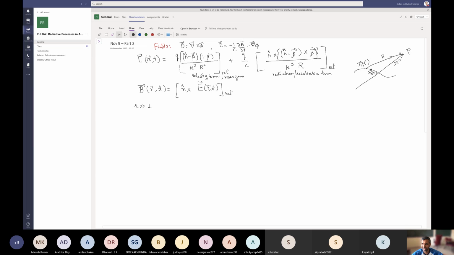This is your capital R, t prime is your retarded time, and R is equal to c times (t minus t prime), and this is also equal to the magnitude of r minus r naught of t prime, and this vector R is equal to r minus r naught of t prime.